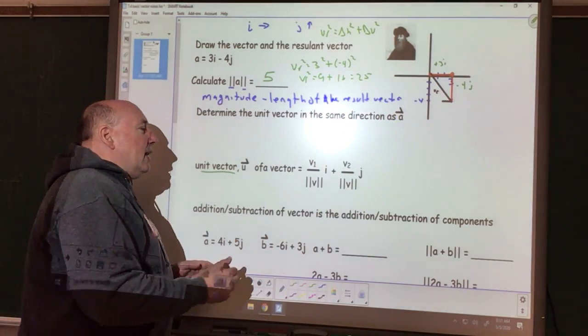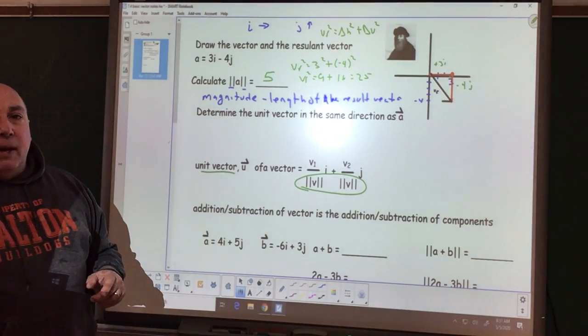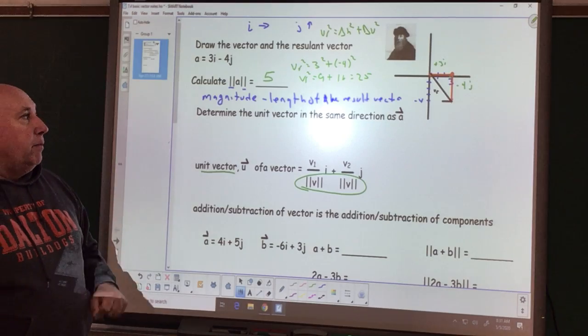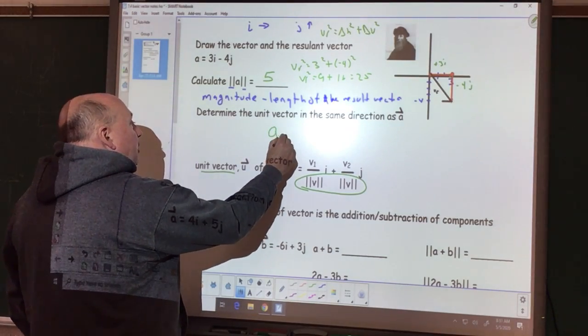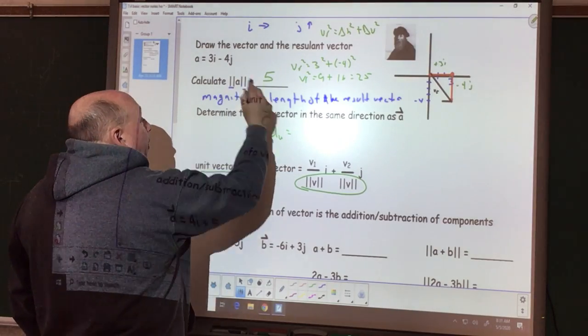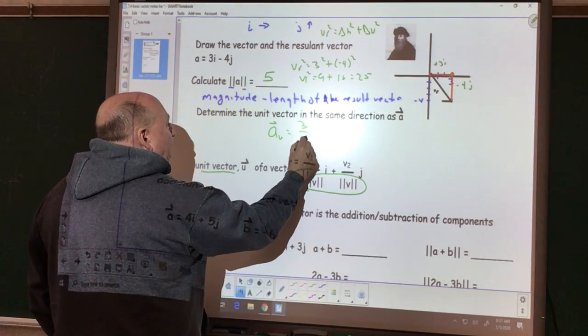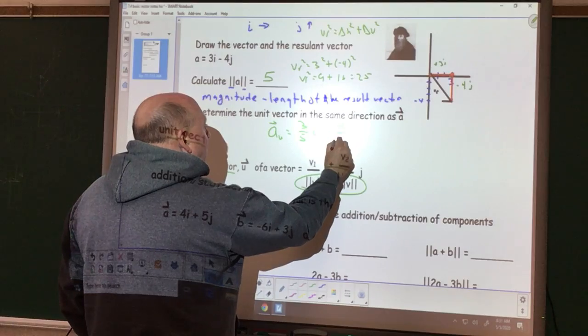How we can do that is to divide each one of our components by the magnitude. So vector A's unit vector would be 3 over 5 I minus 4 over 5 J.